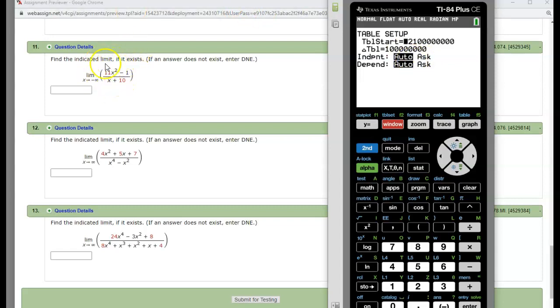If the 2 highest powers are not the same, then if the highest power is in the numerator, I'm going to have does not exist for WebAssign. If the powers are not the same and the power of the denominator is bigger, so this is x to the 4th, the degree of the denominator is x to the 4th, then I'm going to have 0. If the powers are the same, then I take the coefficients and reduce it, 24 divided by 8.